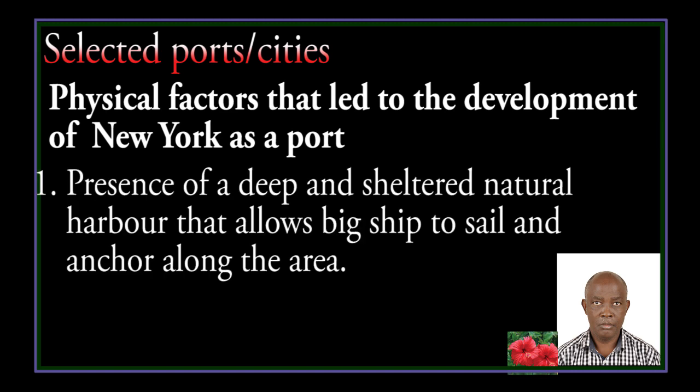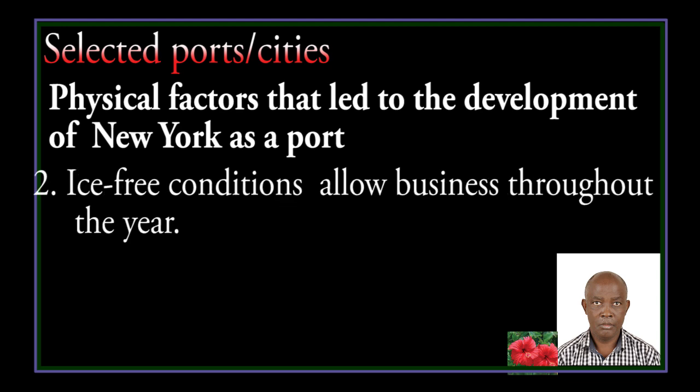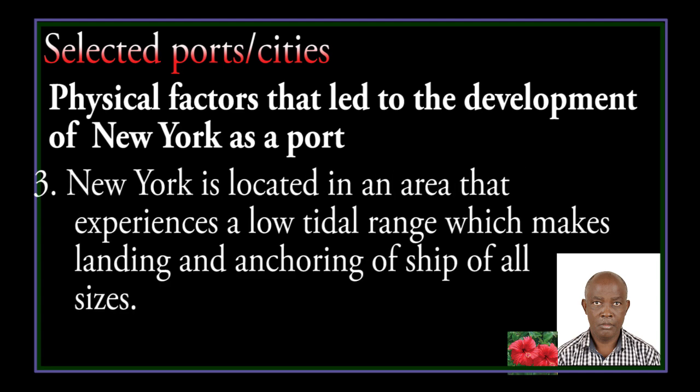Presence of deep and sheltered natural harbor that allows big ships to sail and anchor along the area. Ice-free conditions allow business throughout the year. New York is located in an area that experiences a low tide range, which makes landing and anchoring of ships of all sizes easy.